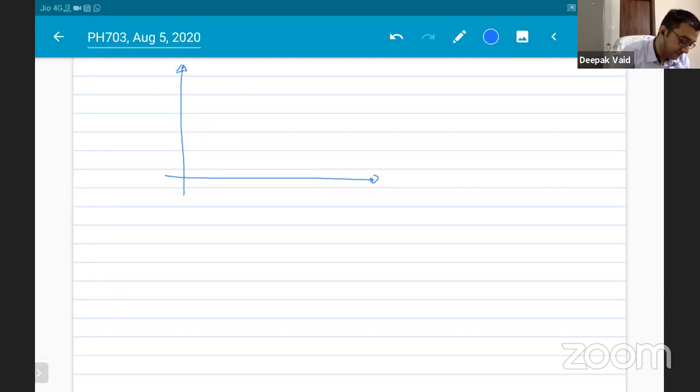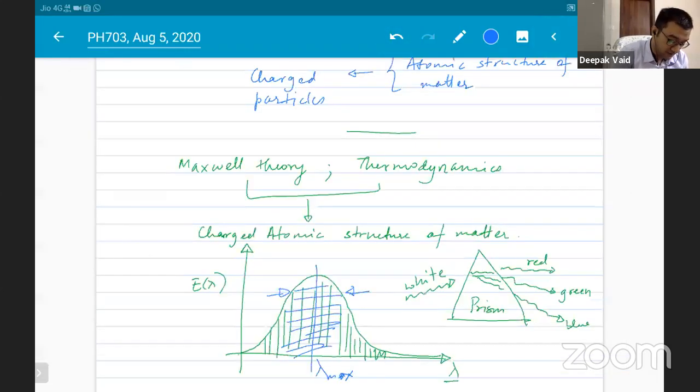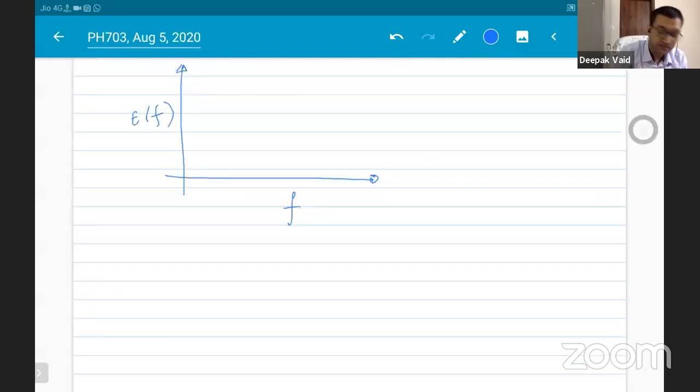So what Rayleigh and Jeans predicted was that if you look at this spectrum as a function of the frequency, so now this graph was in terms of the wavelength, I can look at the same spectrum in terms of the frequency.